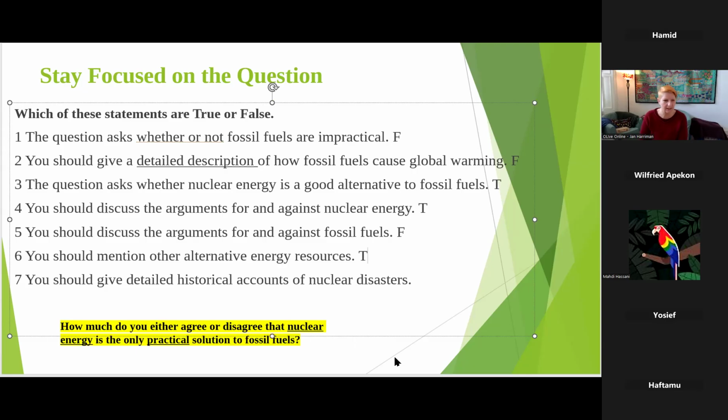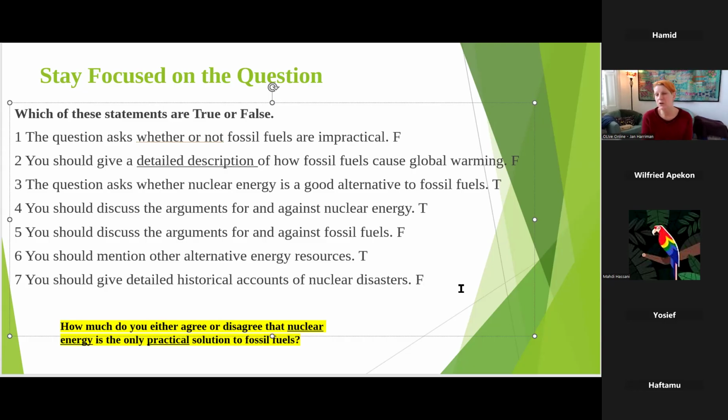How about you should give historical accounts of nuclear disasters? No. Not really. It's not an essay about that.